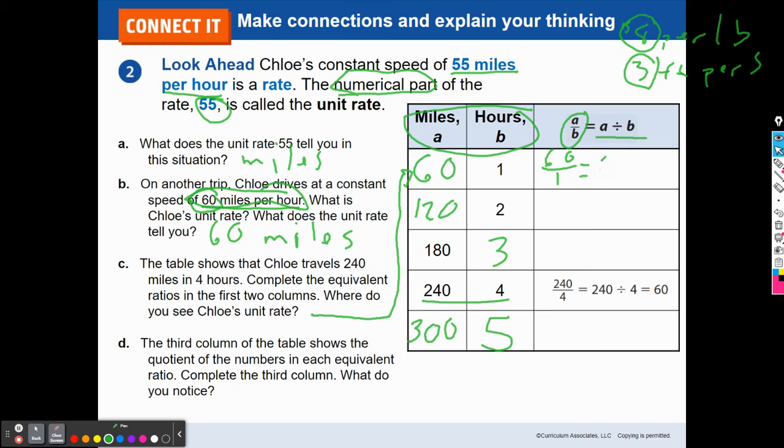That's equal to 60 divided by 1. What is 60 divided by 1? 60. 120 to 2 is the same thing as 120 divided by 2. Well, what is 120 divided by 2? 60. 180 divided by 2.